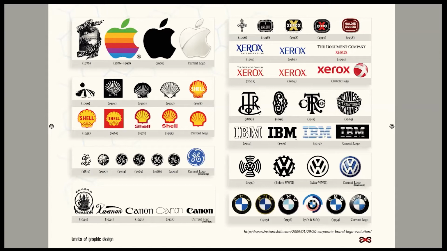Now, Shell literally started with the shape of a shell, like so, and then throughout the years, it adapted the red and yellow colors. Okay, what other icon or logo or brand can you think of that uses the red and yellow form? McDonald's.